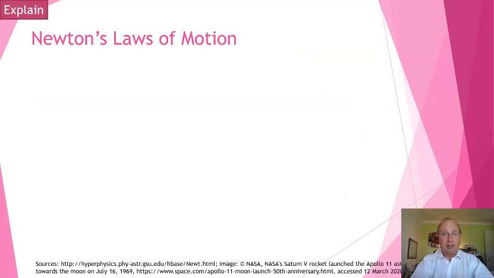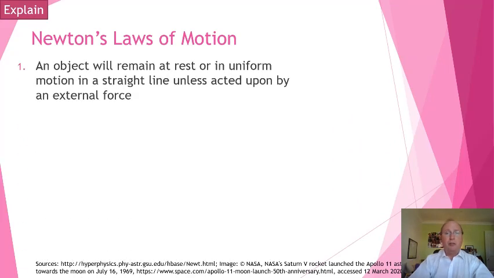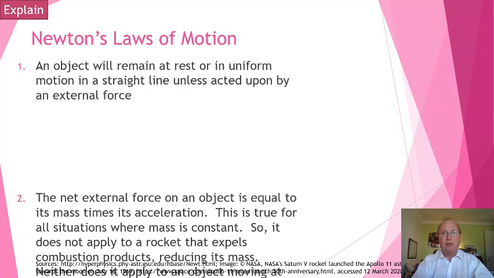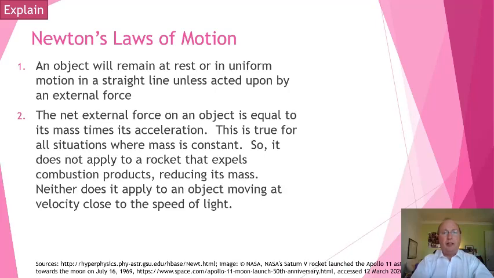Well, here's a restatement of Newton's laws of motion. We've already seen the first one, which is an object will stay at rest or in uniform motion in a straight line unless acted upon by an external force. The second law of motion says the net external force on an object is equal to its mass times its acceleration. This is true for all situations where mass is constant, so it does not apply to a rocket that expels combustion products, thus reducing its mass.